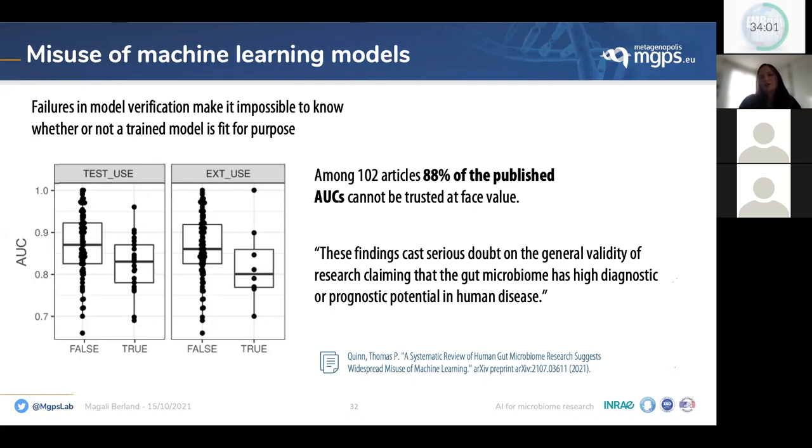I find this conclusion quite harsh, because there are still some serious publications using machine learning that show a diagnostic or prognostic power with gut microbiome data. But I think this is a very clear warning that a machine learning algorithm will always provide you some answer, and if you are not using the correct validation scheme, the conclusion can be totally wrong.